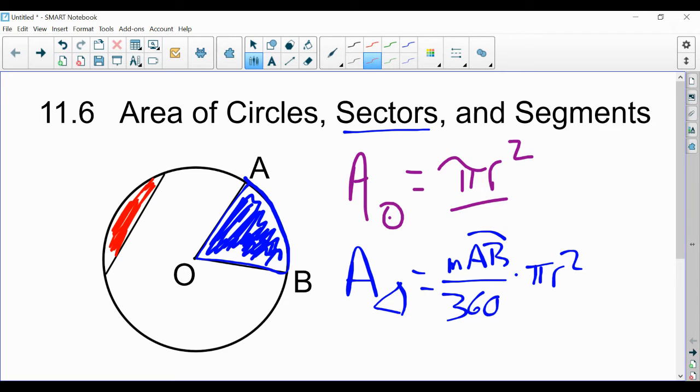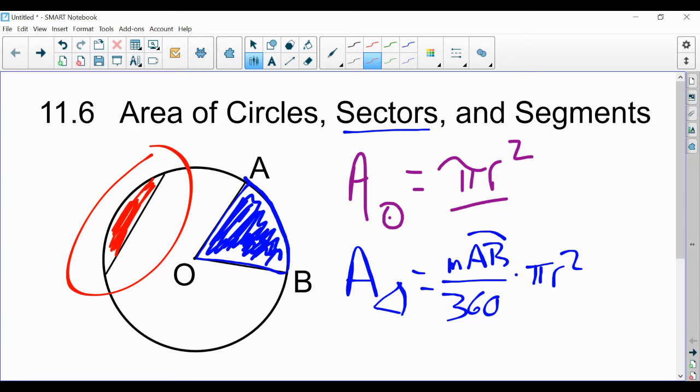If the sector is the pie slice, the segment over here is like the pie crust. And there are complicated formulas for it. If you find one online that's like theta minus sine theta, just keep in mind that they're using a different way to measure angles.